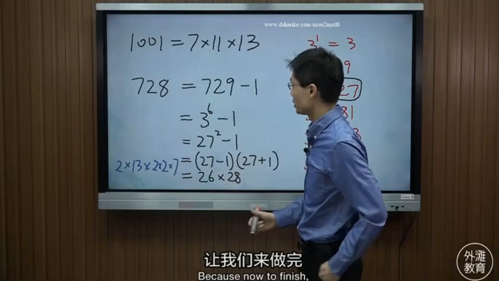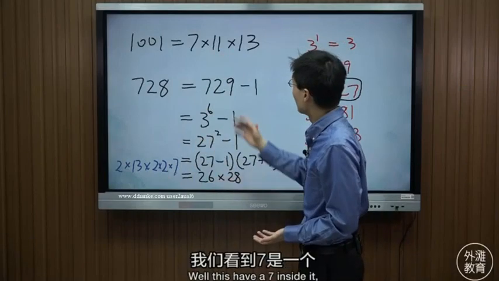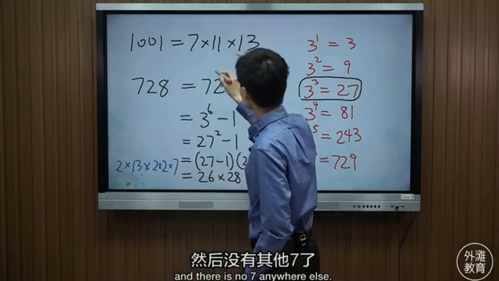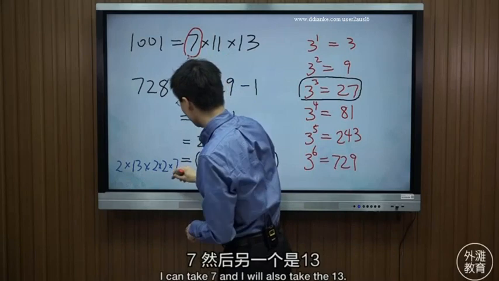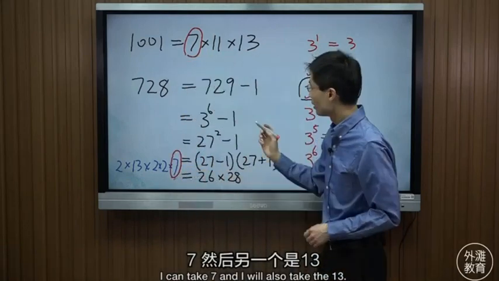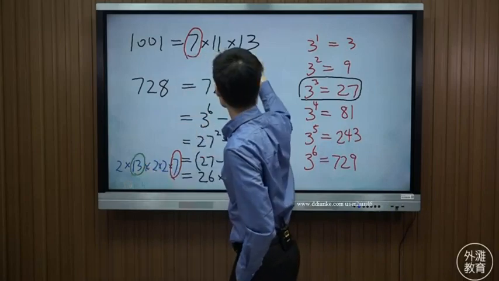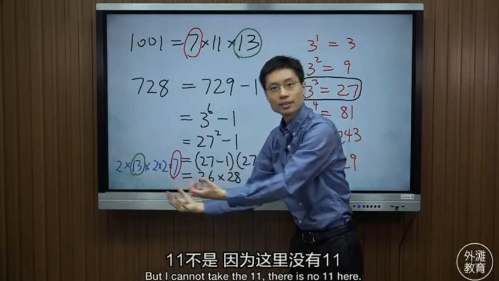because now to finish, what's the greatest common divisor? Well, this has a 7 inside it, and there's no 7 anywhere else. Oh, so the common divisor, I can see that I will take the 7, and I will also take the 13, but I cannot take any of the 11. There's no 11 here.